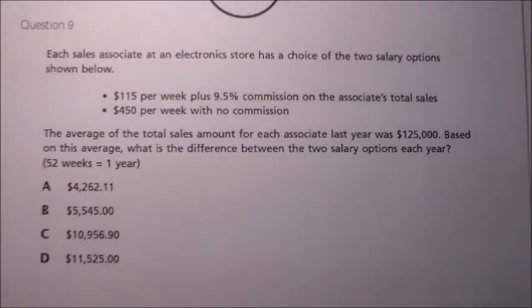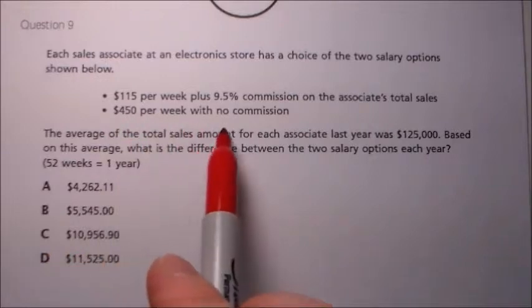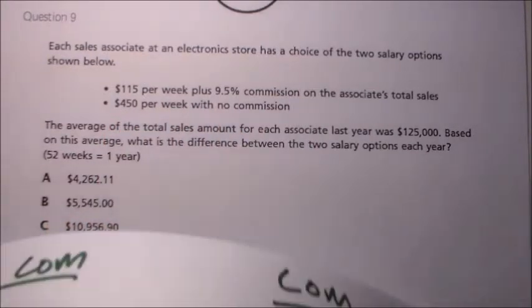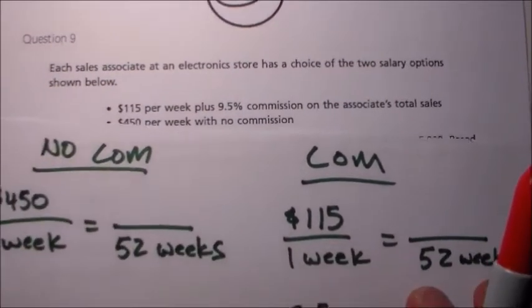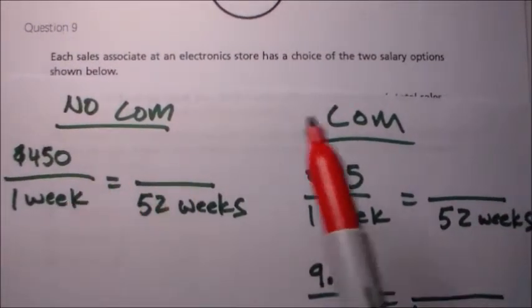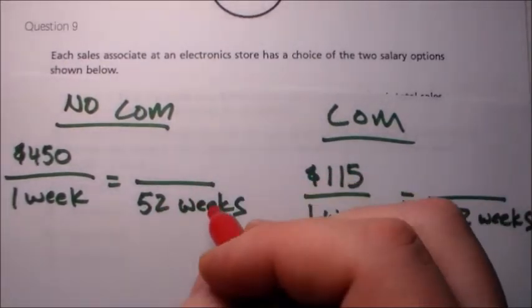Okay, a lot of steps, but let's just slug through them and we'll be good. So this no commission salary option is simpler, right? Let's start with the simpler one. We get $450 for 1 week. How much do we get in 52 weeks?